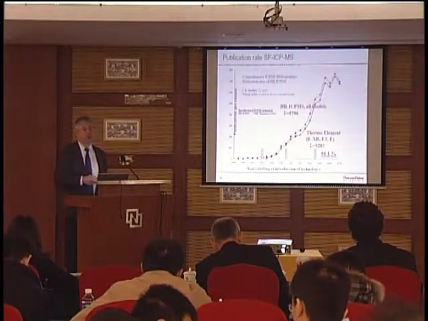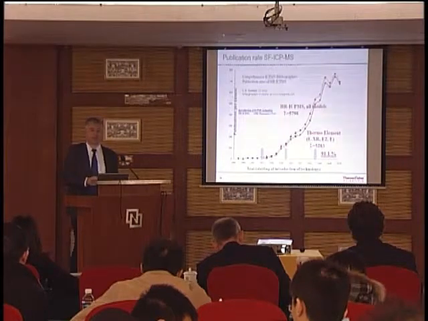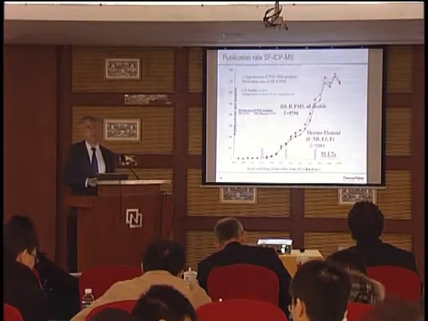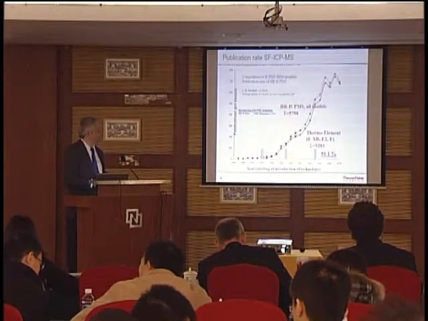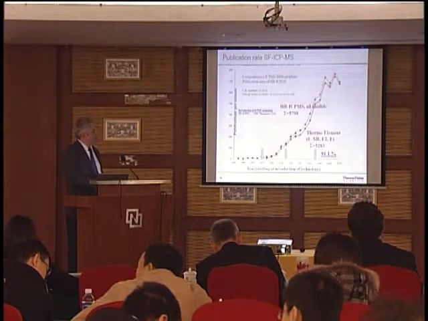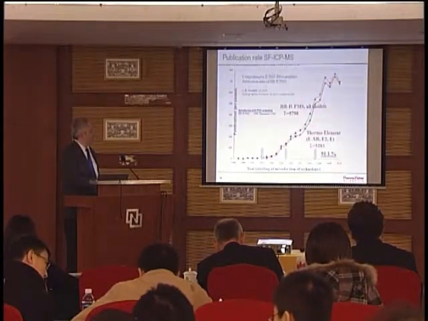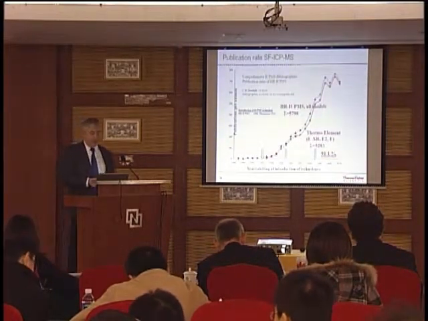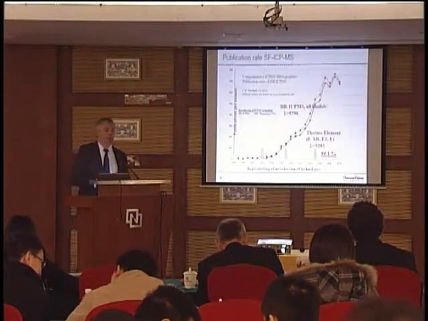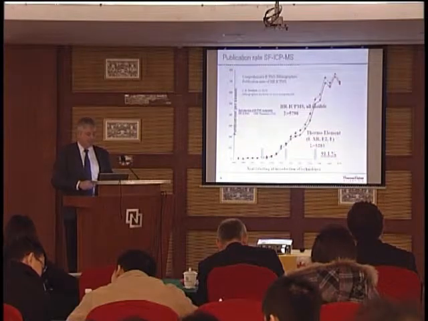It started with the introduction of the first sector field ICP-MS in 1998, which was the PlasmaTrace from VG. The blue arrows here tell you the introduction of the element 2 and element XR, and you see since the introduction of the element, the number of publications significantly increased.